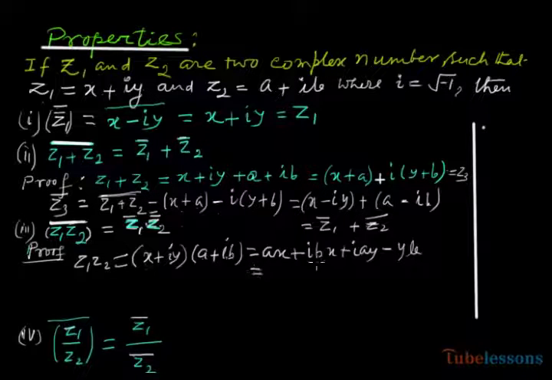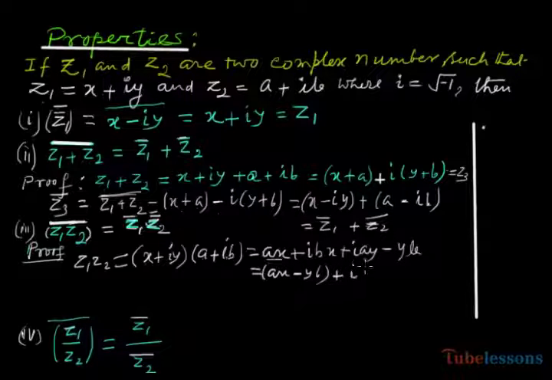Now ax minus yb is the real part, and bx plus ay is the imaginary part.